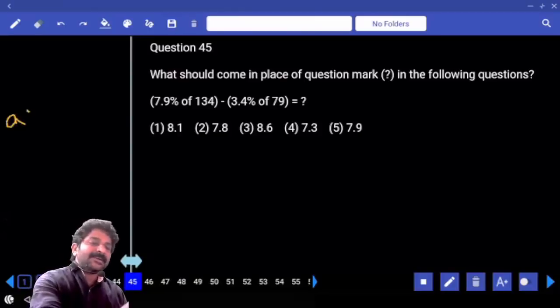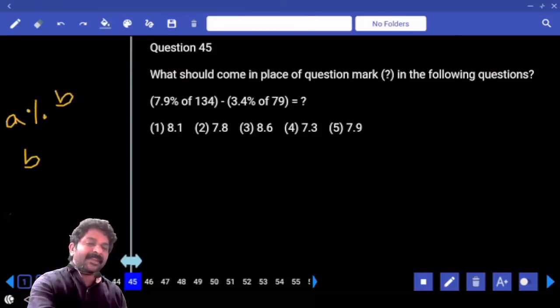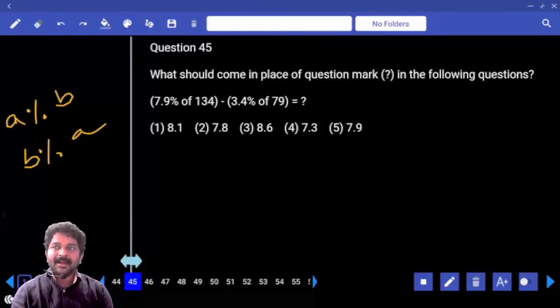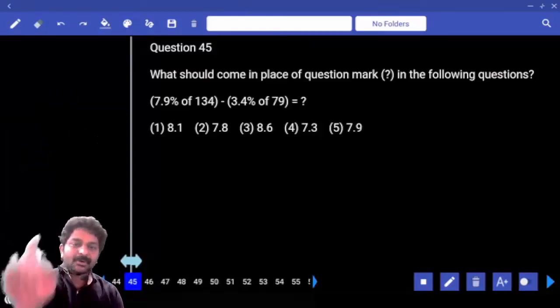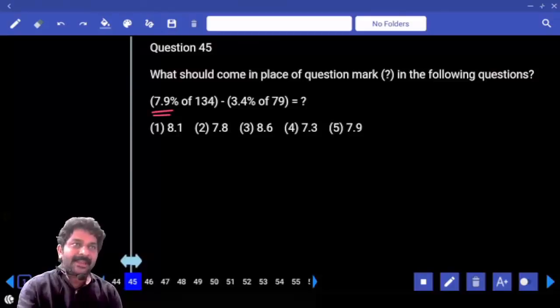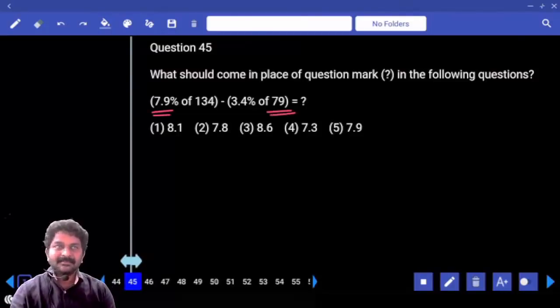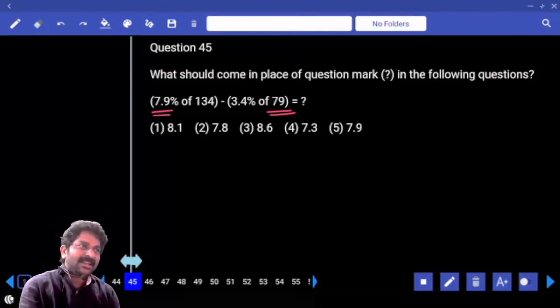Can I say A% of B as B% of A? A% of B or B% of A, both are same. So, as we have 7.9% here, here also we have 7.9. We can change the decimal, right?